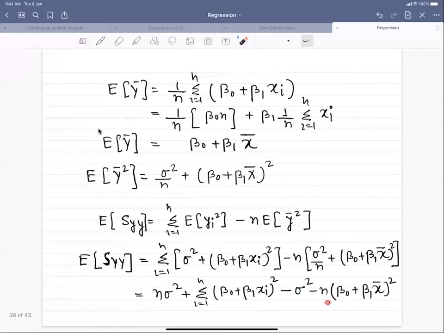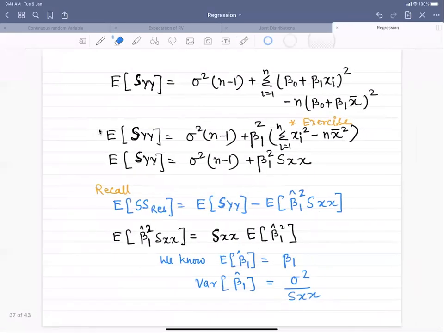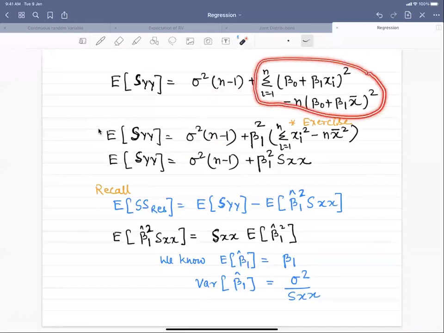I leave it for you to prove as an exercise that this becomes beta 1 square times the summation over i from 1 to n of xi square minus n x bar square.